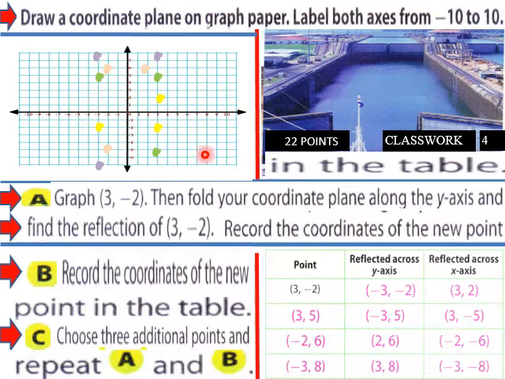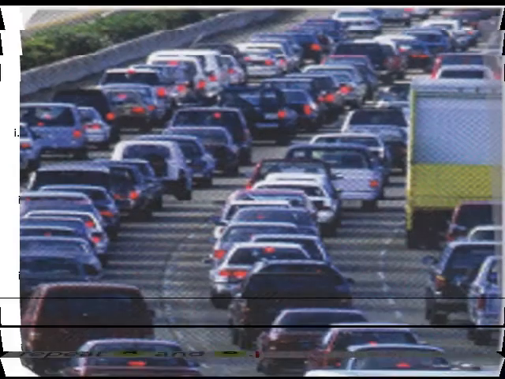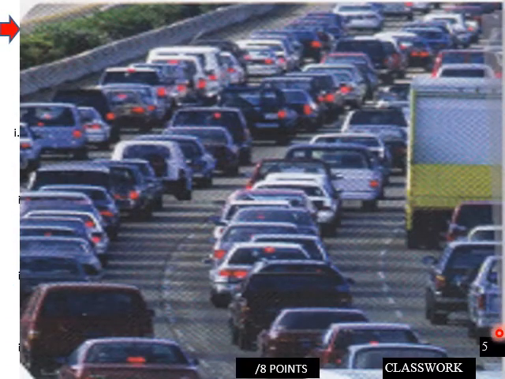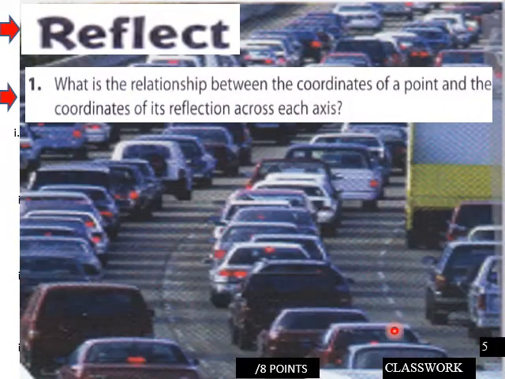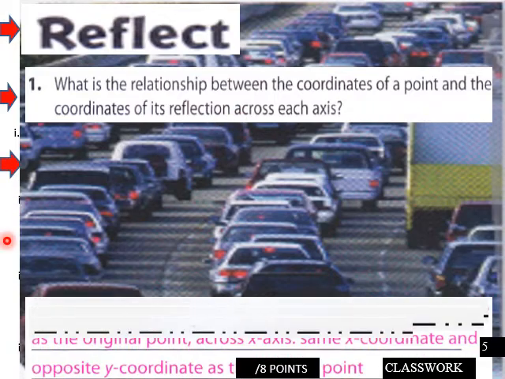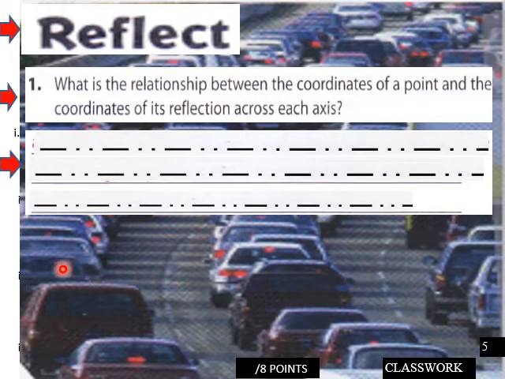So here's your reflections, students. Fill in your table, fill in your grid. Page 5 on your classwork, reflect now. What is the relationship between the coordinates of the point and the coordinates of its reflection across each axis?